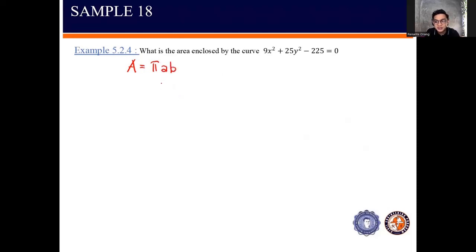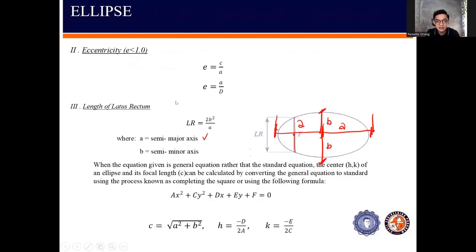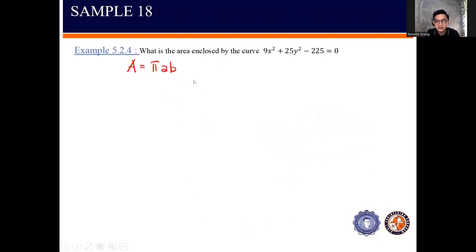Again, a is our semi-major axis length and b is our semi-minor axis. So all we need to do is find the values of a and b and substitute them into the formula.